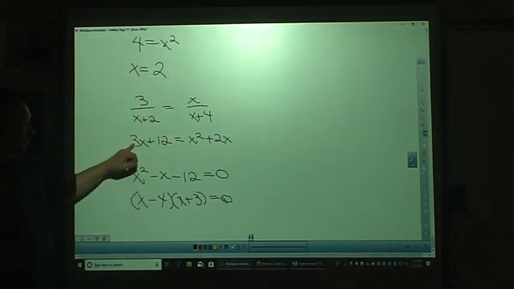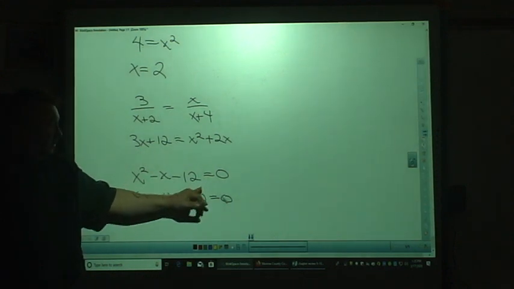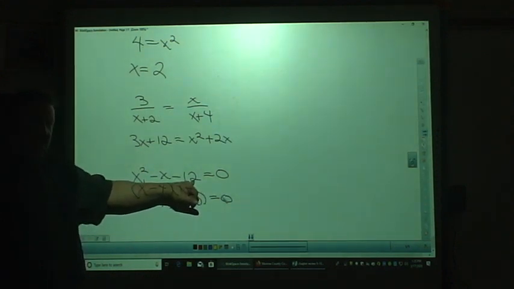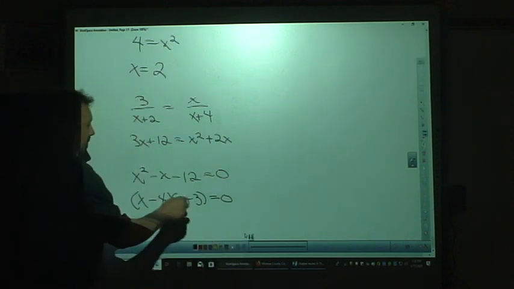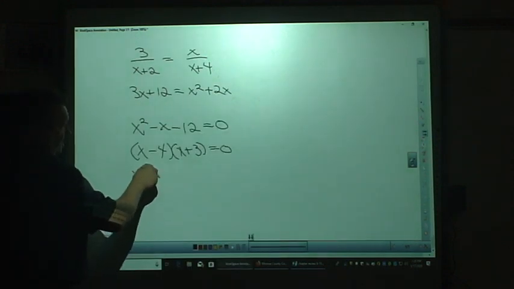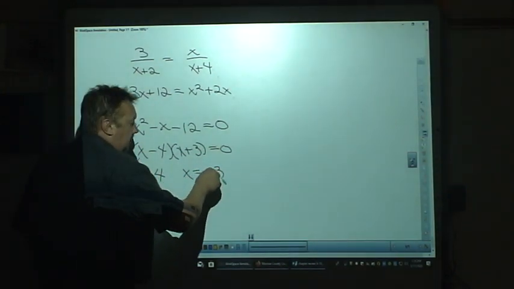And again, what I did was I took away this 3x from here, I took away the 12 here, I get this expression. Two numbers that multiply to give me -12 and add to give me -1. Set them both equal to 0, and I get x equals 4 or x equals -3.